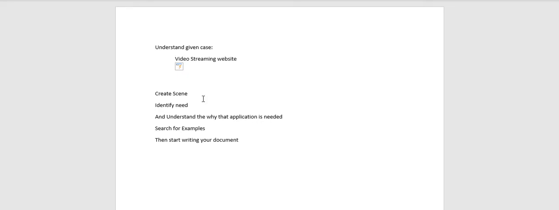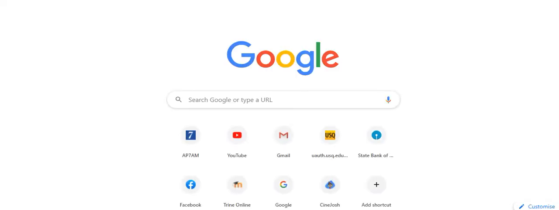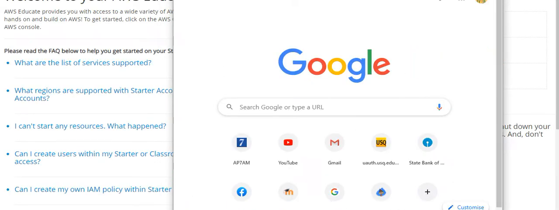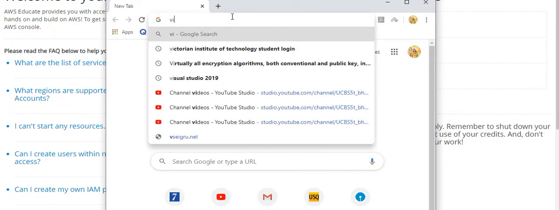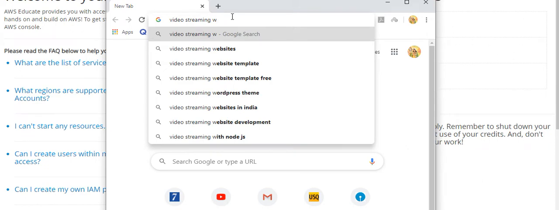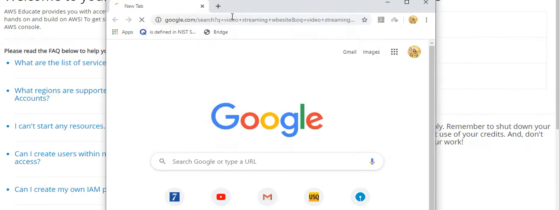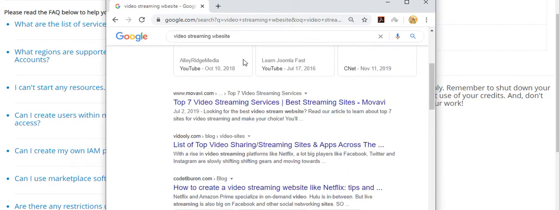For that purpose, I suggest you cross check some video streaming websites. Search for video streaming websites and you will get different sources, maybe the top 7 video streaming services.